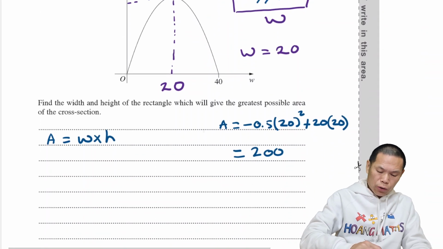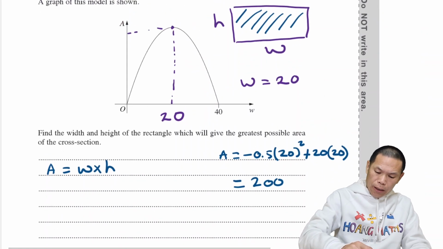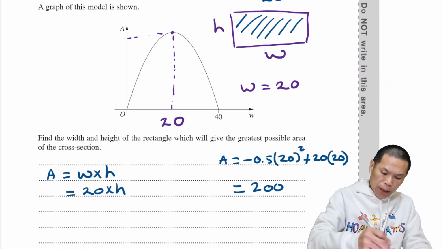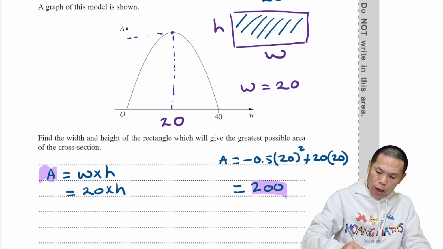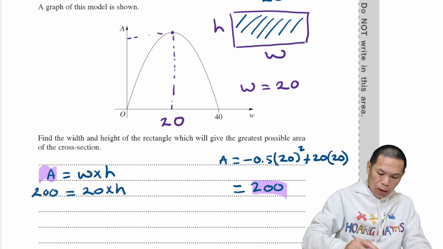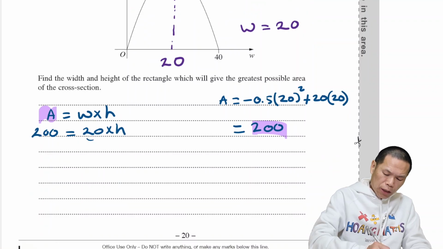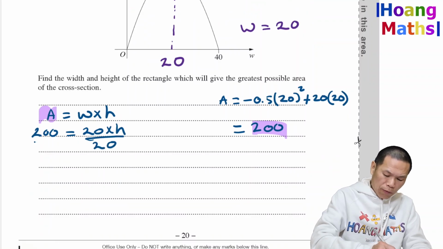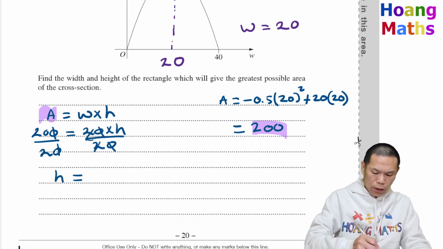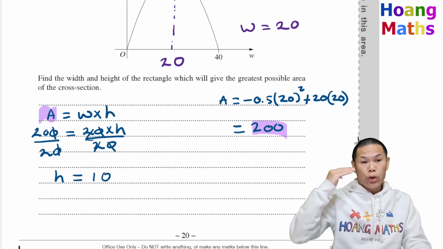So this means that W will give me 20 here, times height, and the A is 200. So I just divide this by 20, and divide this by 20. So this cancels out, so therefore height is 10. So there you go.